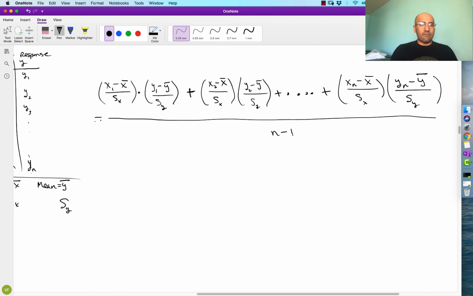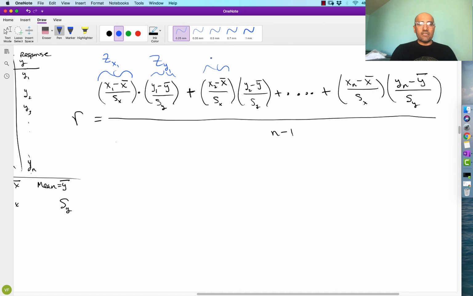And that is the value of r. Okay, so again, these can be thought of as the z-score. Z-score of x sub 1, and this is the z-score of y sub 1.